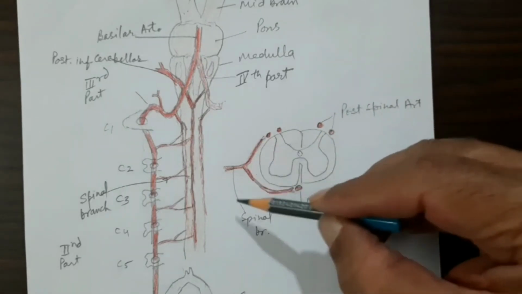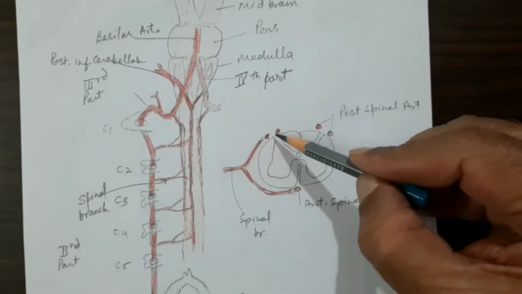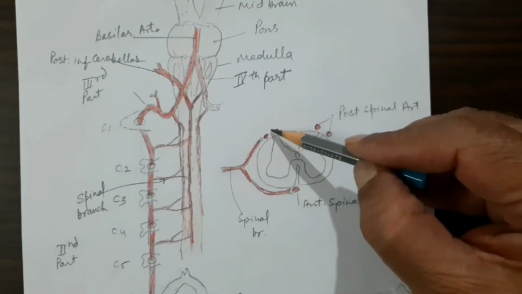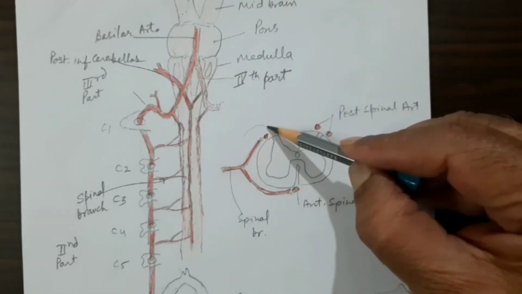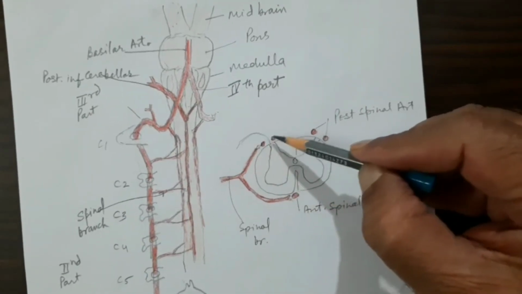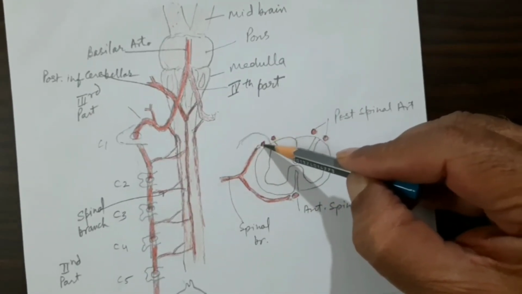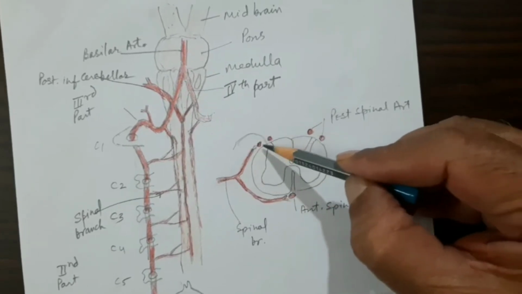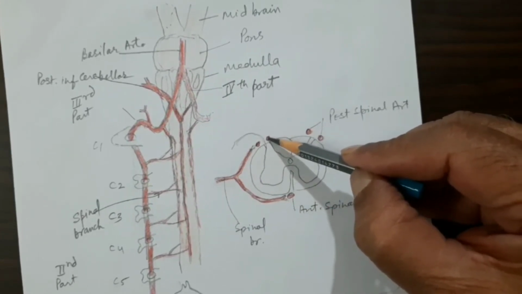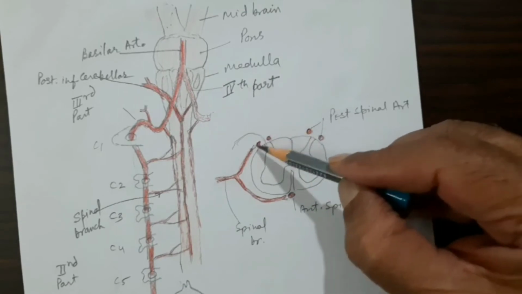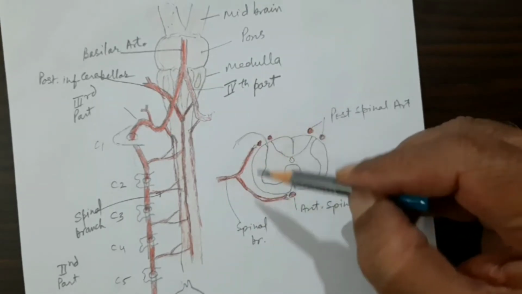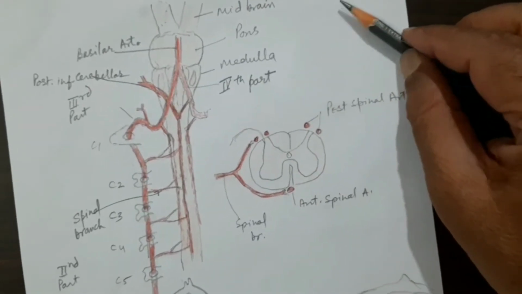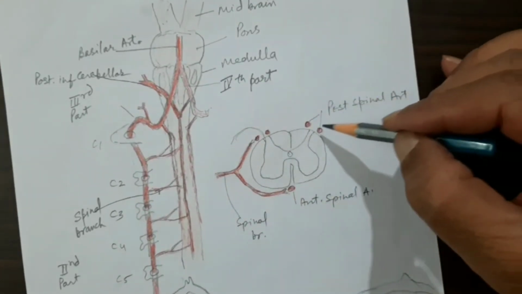The posterior branch will go towards the posterolateral sulcus, where the posterior root of the spinal nerve is present, and then it will form two longitudinal channels on either side of the posterior root, one medial and another lateral, which intercommunicate with each other.